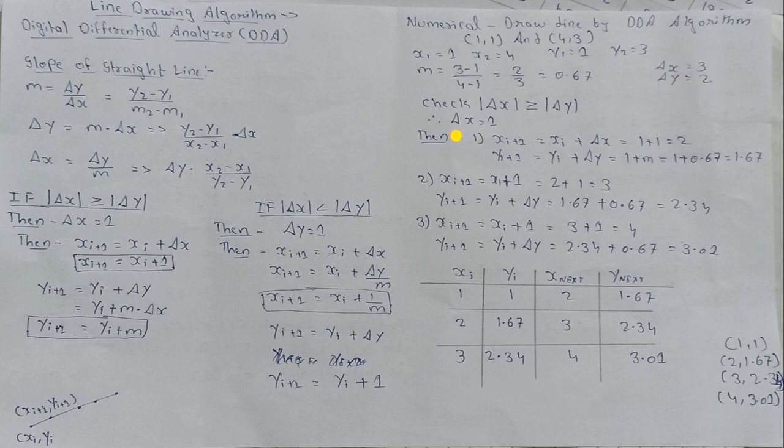Now we will check the if condition, which condition it satisfies. Delta x is greater than delta y? Yes, it is. If delta x is greater than or equal to delta y, we use this case; if delta x is less than delta y, we use the other case. Here 3 is greater than 2, so we have to use this case.